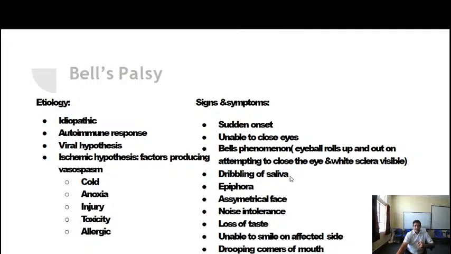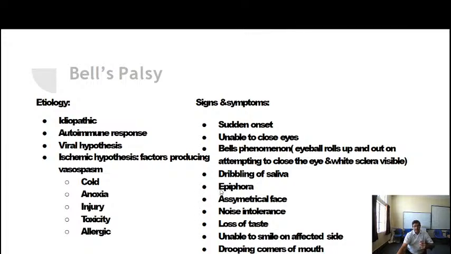Then you have the dribbling of saliva because the orbicularis oris muscle is not competent. There is epiphora because once again the orbicularis oculi is not proper, and the lower eyelid doesn't meet, so the puncta doesn't come in contact with the lacrimal secretion, and so it doesn't drain into the nasolacrimal duct.